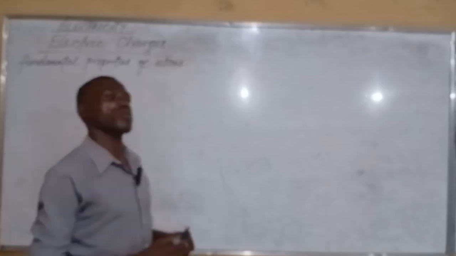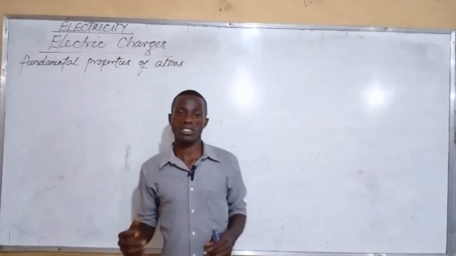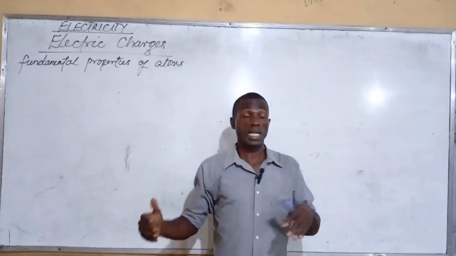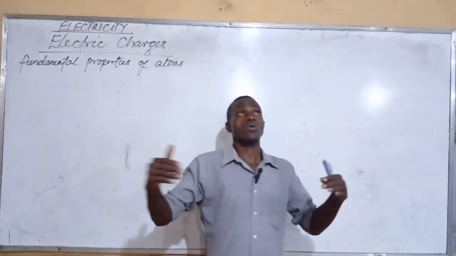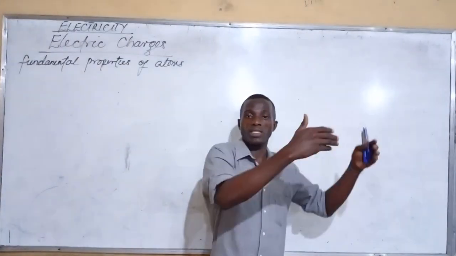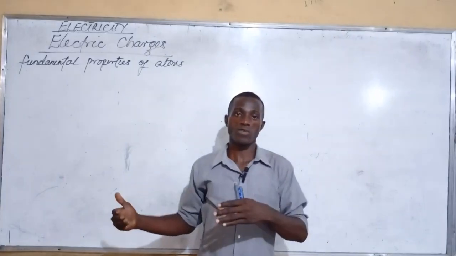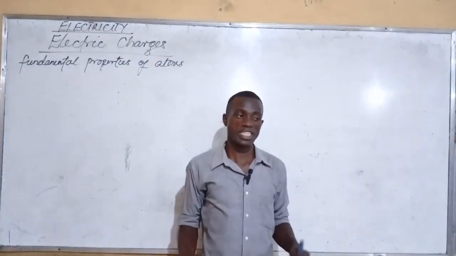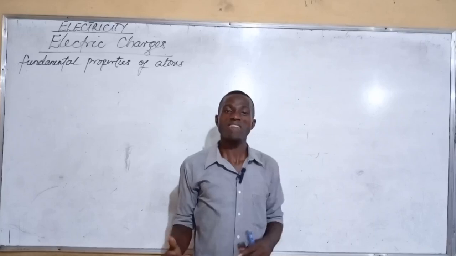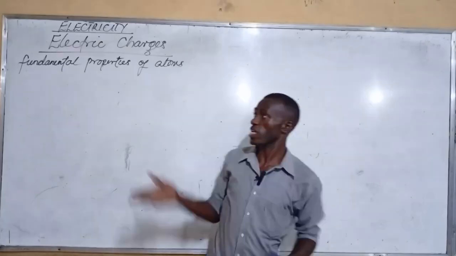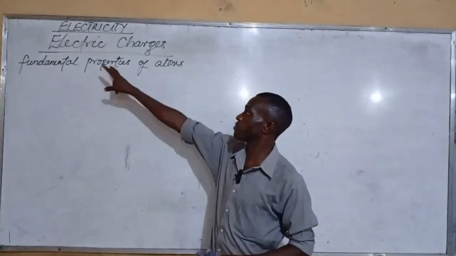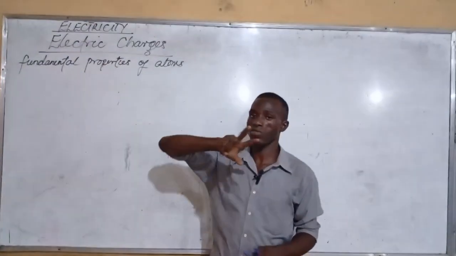And we know already that atoms make up matter, so all matter is composed of atoms. Therefore, it is a fundamental nature of all matter. So everything you see around you has an electrical property because it is made of atoms, and atoms, of course, have electrical charges as one of their fundamental properties.